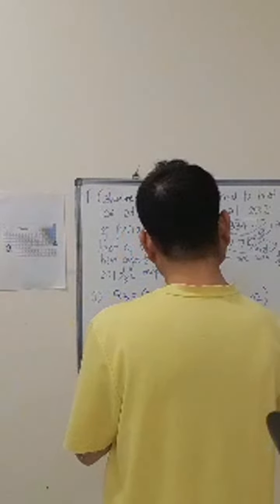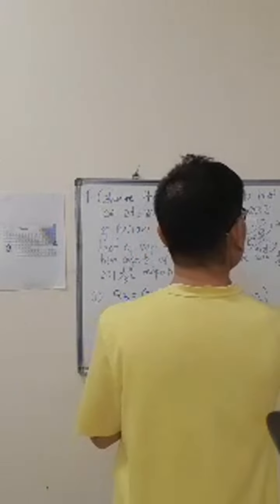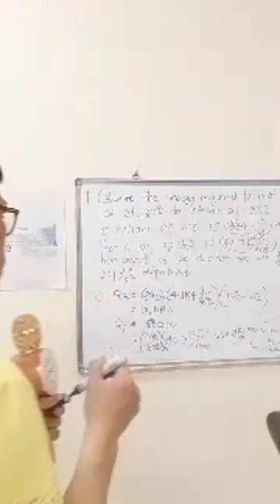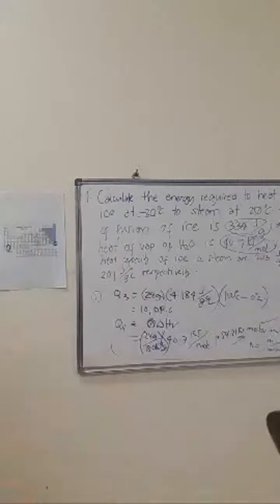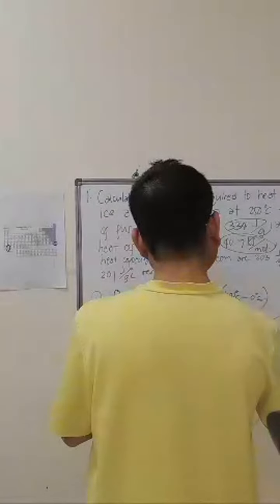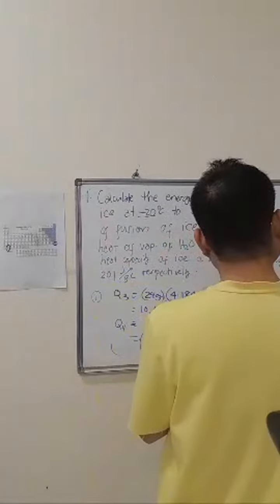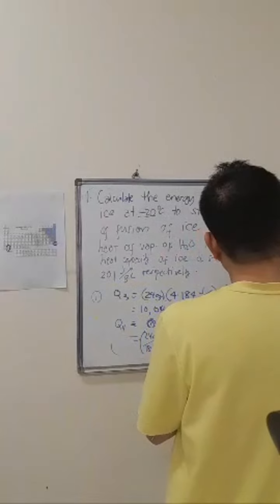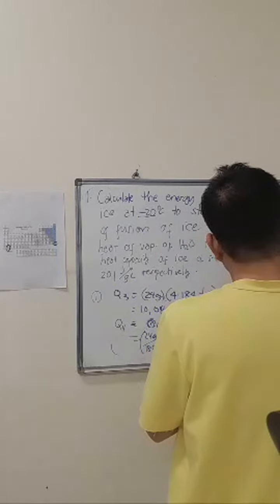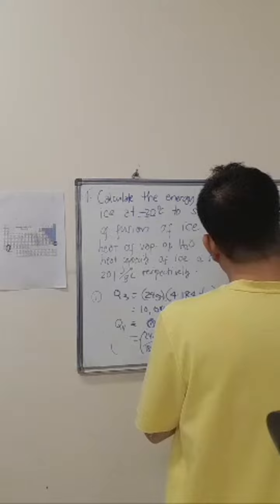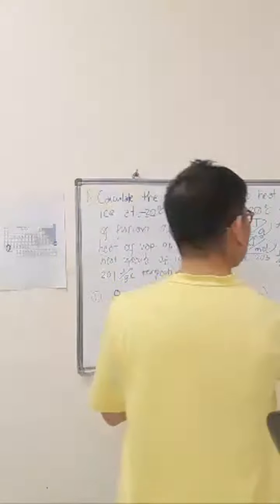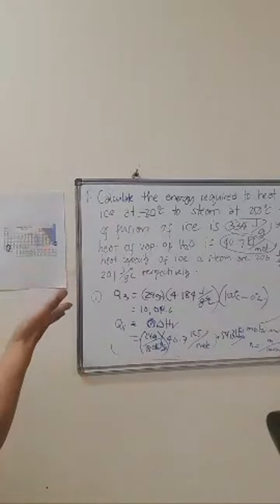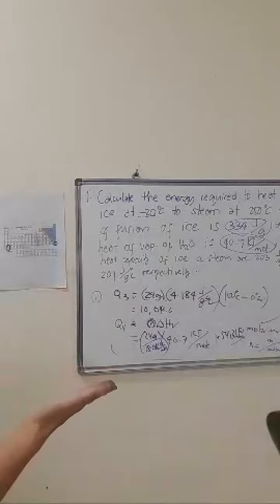So let's convert this first to joules to match with our Q1, Q2, and Q3. To convert kilojoules to joules, simply move 3 zeros: 1, 2, 3. So it will become 54,210 joules. Because that is still kilojoules, right? Like that. And that is our Q4.